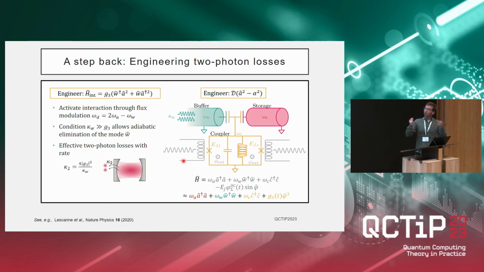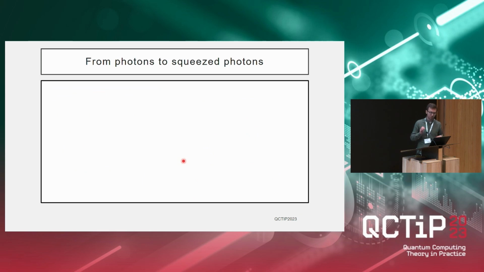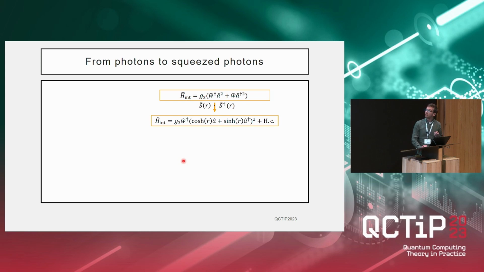Well, now basically this whole story of this talk continues. How do we go from photons to squeezed photons? Well, before we had this interaction, we apply a squeezing operator to it, and the operators look a bit more complicated. This interaction will require some more terms we need to stabilize. We have seen before that we need to exchange 2 photons from the storage mode to the buffer mode.